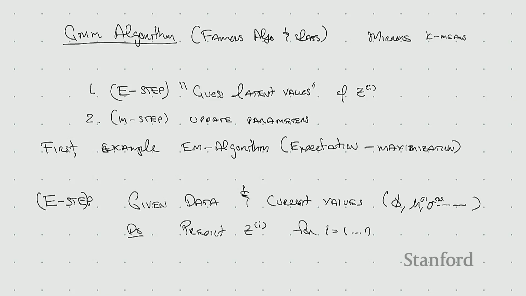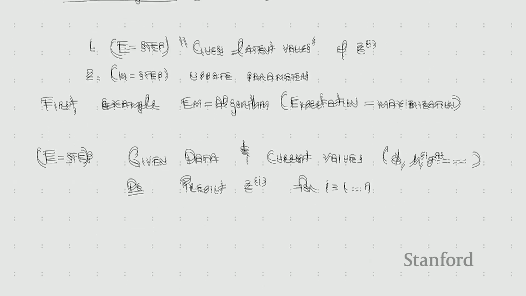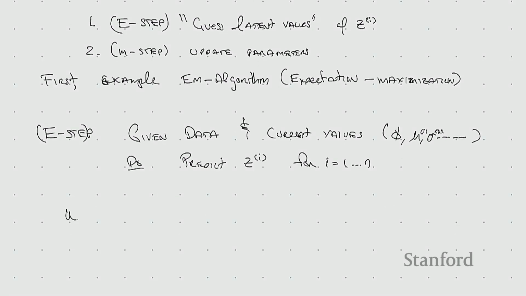Now I'm going to introduce some notation here following our notes: given x_i, parameterized by phi, mu, sigma. So what's going on? This is our goal.